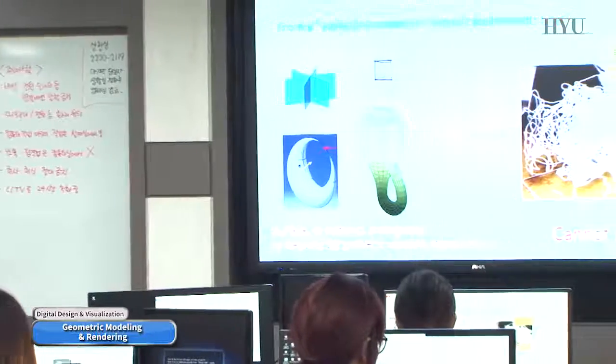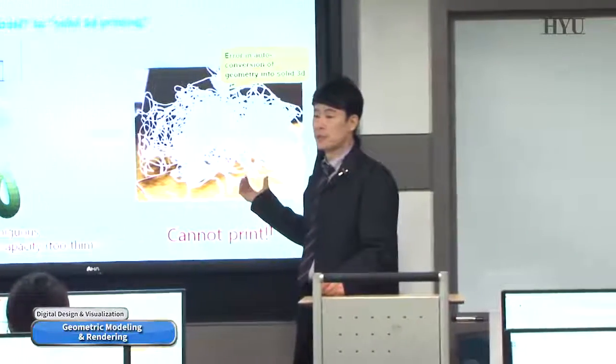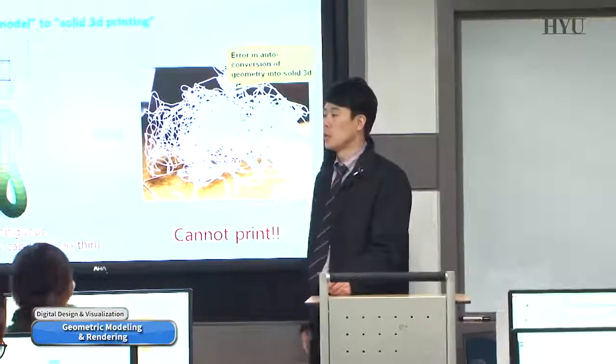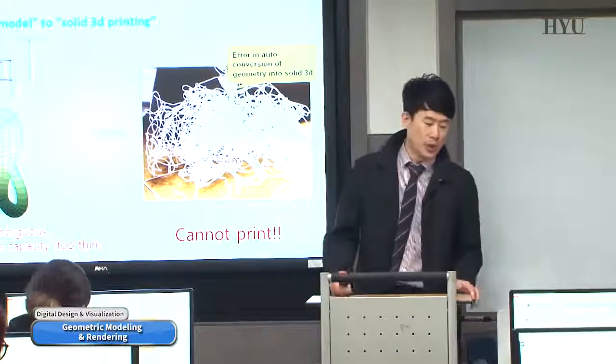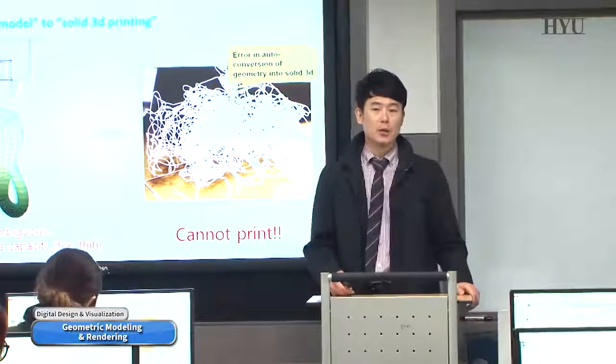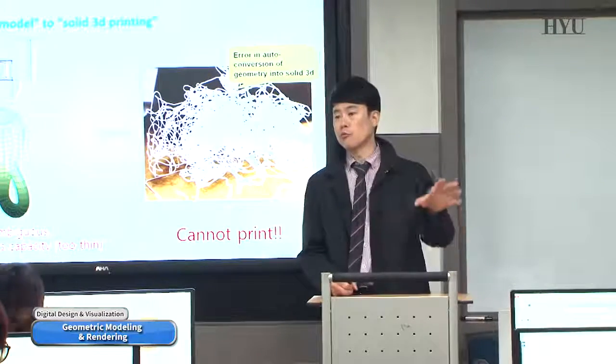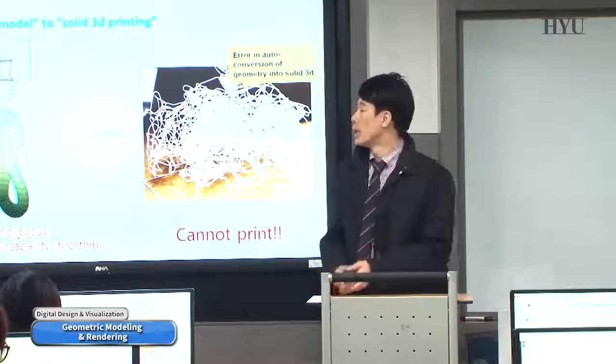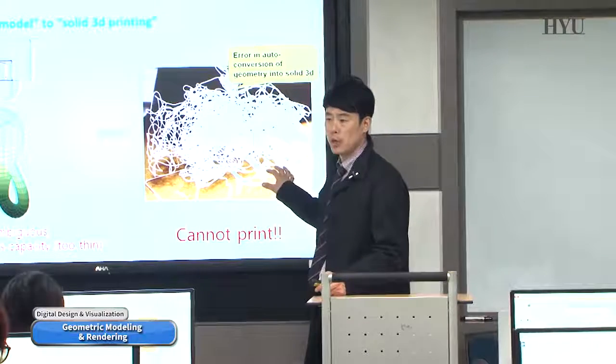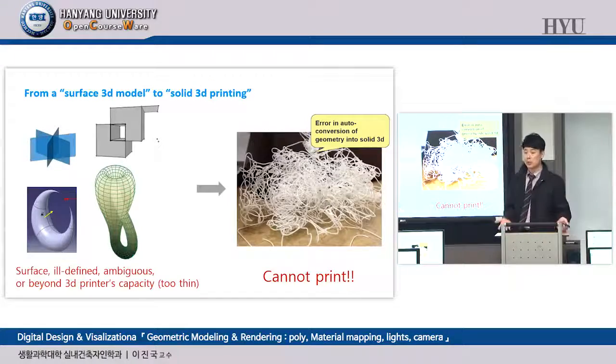Hopefully, based upon the lab exercise from last week, the actual printout, you experienced the correlation between your computer model and the actual printout. Okay, so I show you live demo, live pictures.